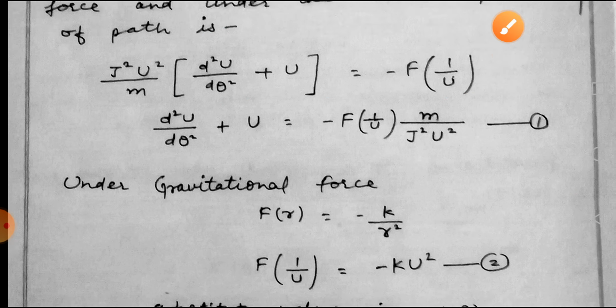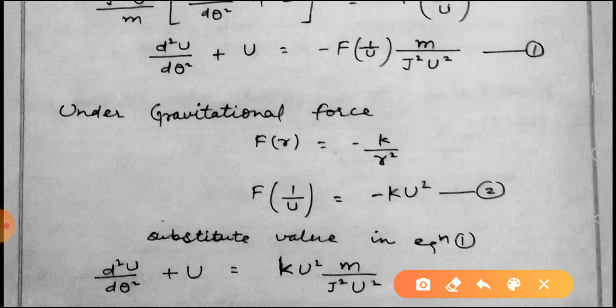Now under gravitational force we define that Fr is equal to minus k upon r square. That means Fr is equal to minus G m1 m2 upon r square, and we let G m1 m2 be k.